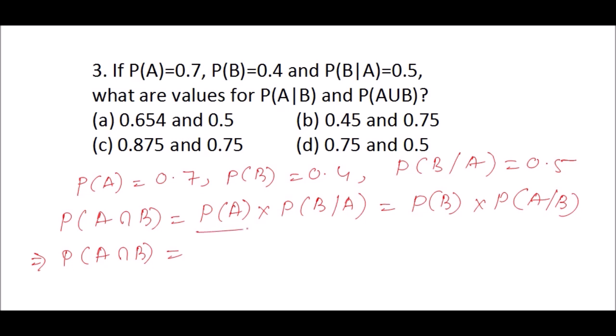Now, P(A) is given as 0.7 and the conditional probability of B is given as 0.5, so the product is 0.35.